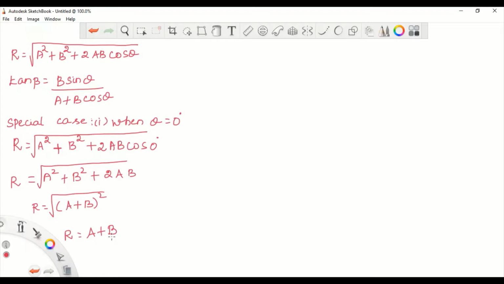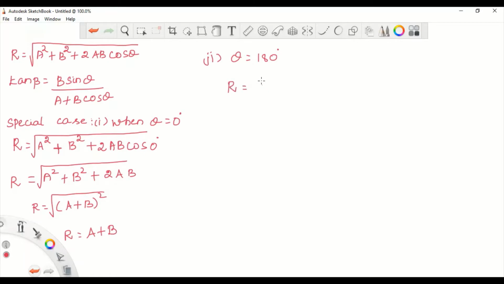The direction of the resultant vector which acts along that direction. Okay. Now next we are going to find the second special case. In the second special case we are going to assume theta is equal to 180 degree. That is two vectors which are acting in mutually opposite directions. Okay. So what will you have now?